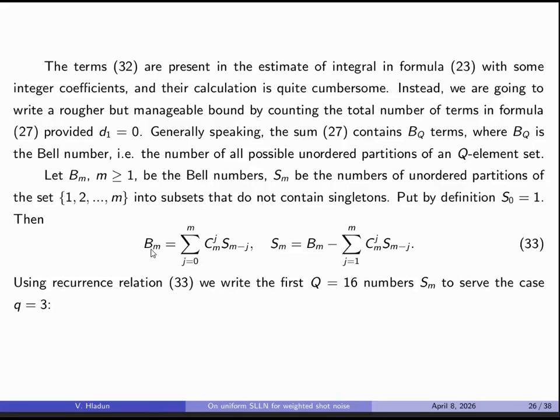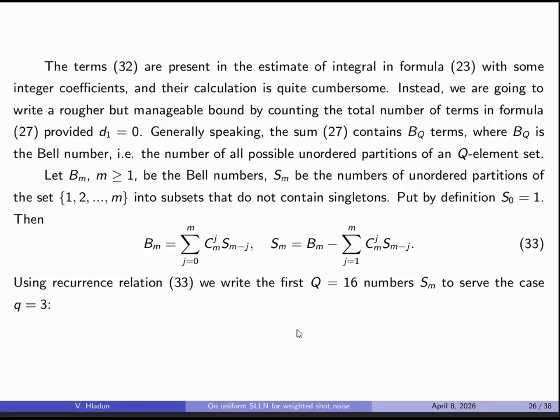Put by definition S_0 equals 1, and then the Bell numbers can be represented in such a form, and from this relation we can find this recurrence relation that allows us to calculate these S_m numbers.